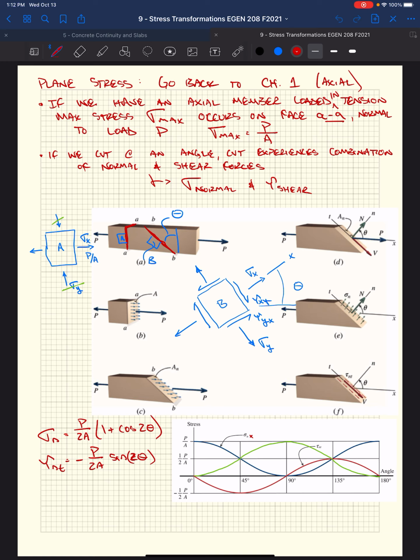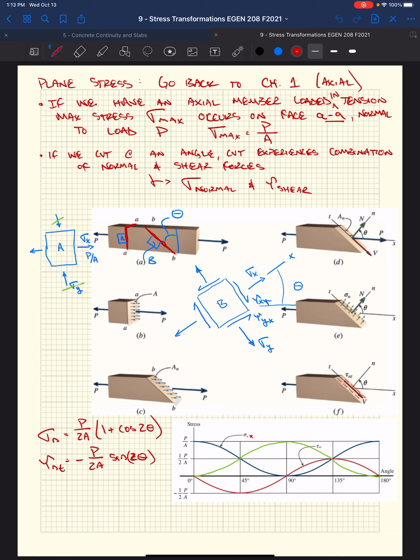Okay, so we started talking about this idea of stress transformations, right? Because even though we might analyze a given element, that analysis that we conduct is developing what the stress state is at a given orientation, right? So in this case, we had this axial loaded bar. It had an axial load on the bar.